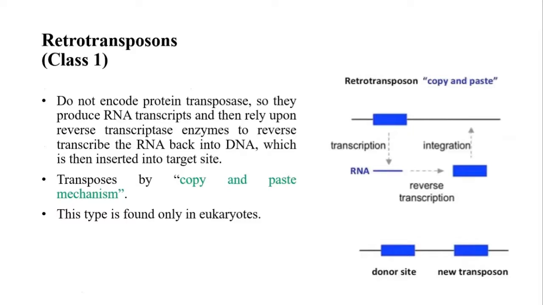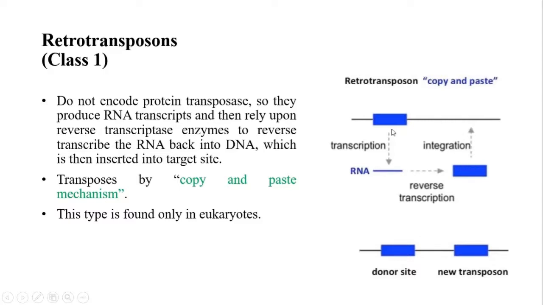Next is retrotransposon. These are transposing elements that do not encode the protein transposase. So they produce an RNA transcript, and then this RNA transcript, with the help of the reverse transcriptase enzyme, produces DNA, and this DNA gets inserted into the new location.